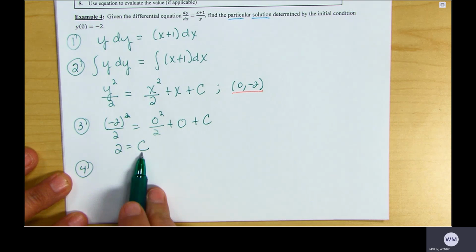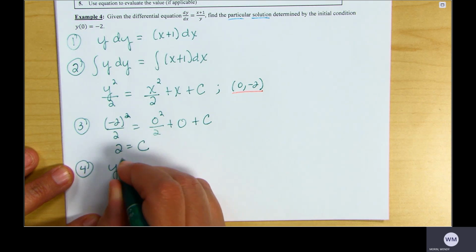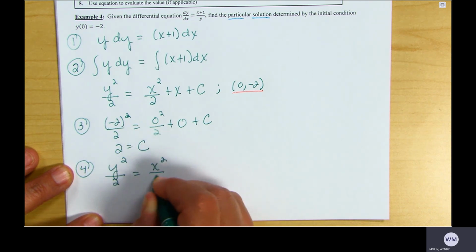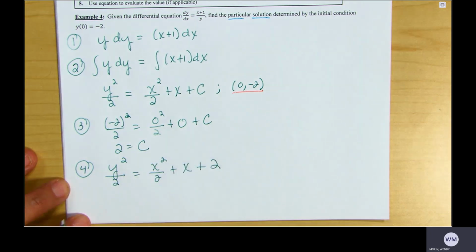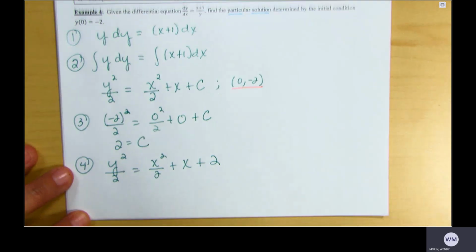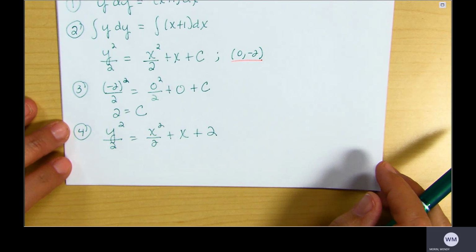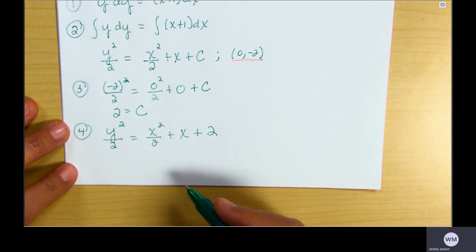Okay, so we found our constant of integration, and we're going to plug it back into step 2. y squared divided by 2 equals x squared divided by 2 plus x plus 2. Now again, sometimes this requires logarithmic, all your log rules, and it can be kind of hairy to solve for y, and it's only worth 1 point, but this isn't too bad.